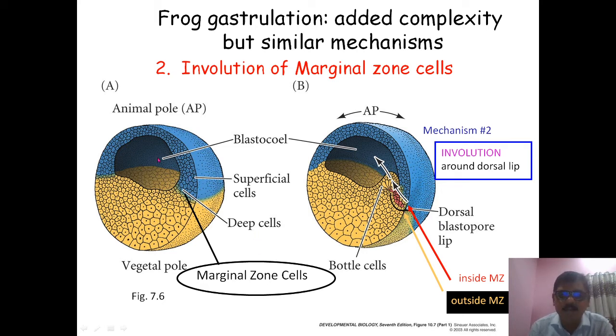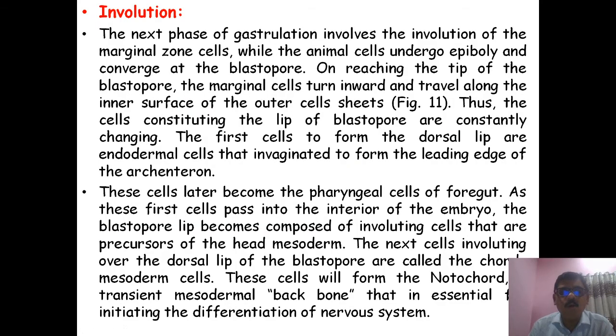They are moving in an inward direction, and the second step during gastrulation is the involution of the marginal zone cells. So the next phase of gastrulation involves the involution of the marginal zone cells, while the animal cells undergo epiboly and converge at the blastopore.